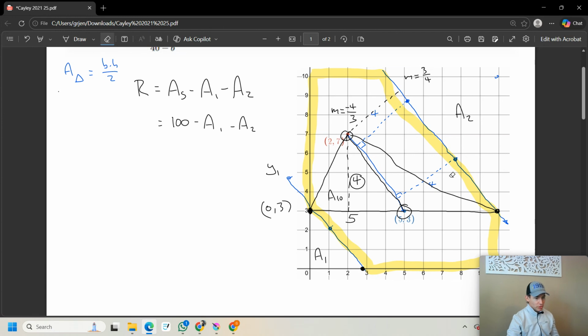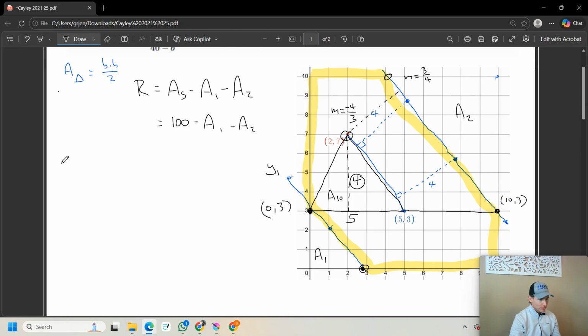So that's super useful too. That is the point (10, 3). So we're going to find the equations of these two lines, and you're going to see how that applies. With that equation, I can find this point and this point. I need those to find the areas of A1 and A2. We're going to call this line Y2.